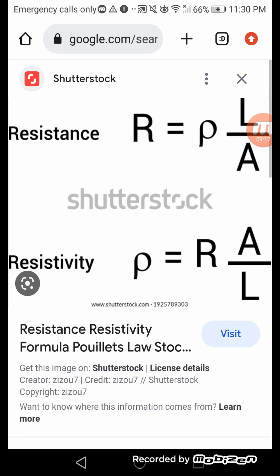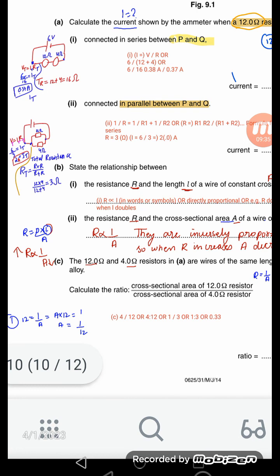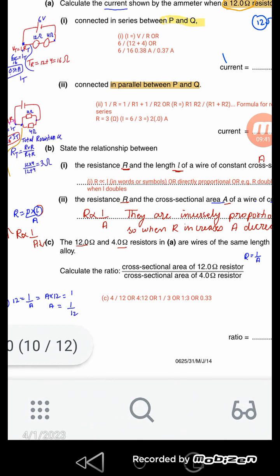So like in this question, R is directly proportional to the length and inversely proportional to the area. They are saying if R increases, the length will also increase.